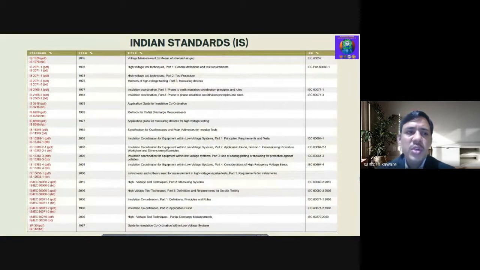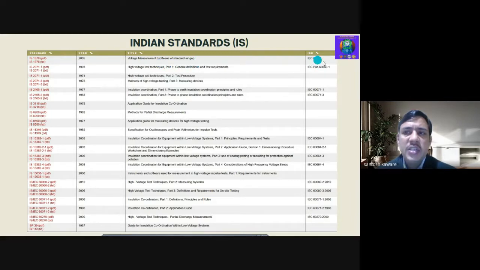These are some of the Indian standards we have adopted. Actually, these are IEC standards that we have modified as per our requirement, so now they are known as Indian Standards, IS. For example, in 2005 we formed IS 1876, which covers voltage measurement by means of standard air gap.